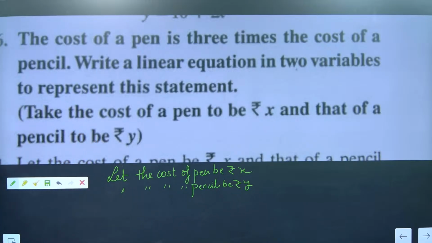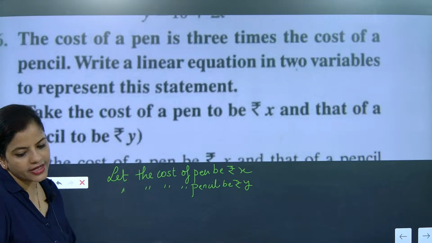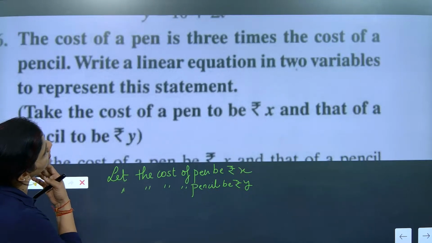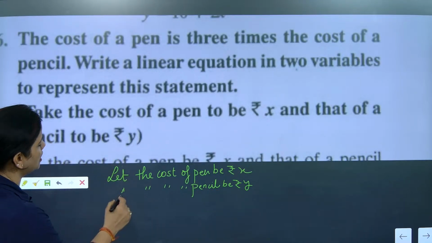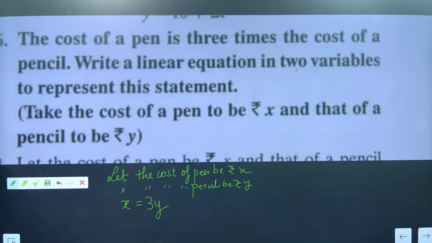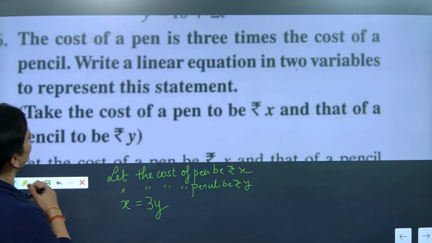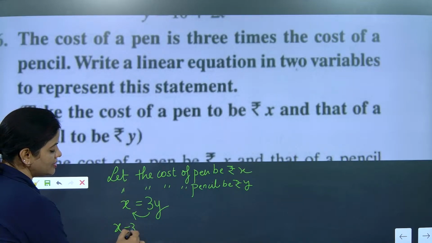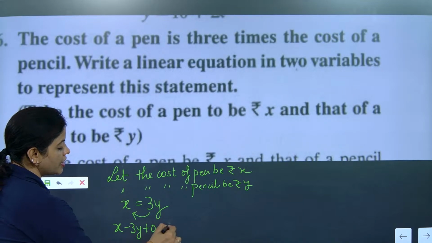So what is the cost of pen? X. What is the cost of pencil? Y. So now what they tell you: the cost of pen is 3 times the cost of pencil. X is 1, y is 3. A is 1, B is 3. After that, you have to shift this one to this side. So x minus 3y plus 0 equal to 0.